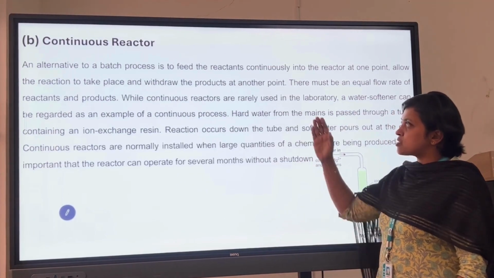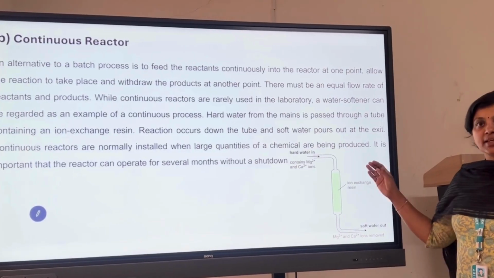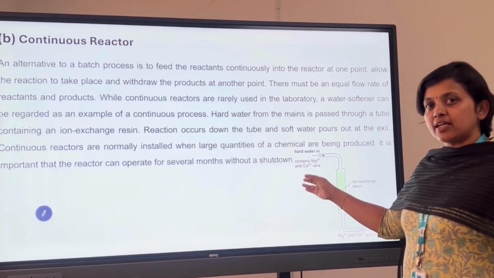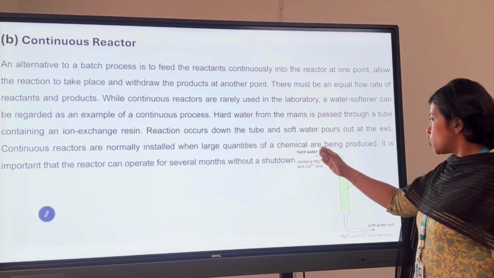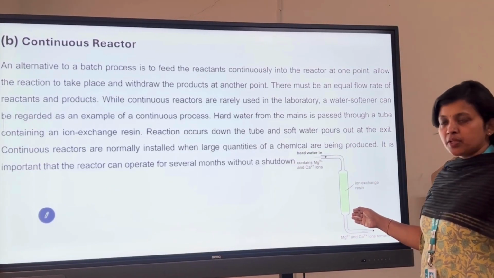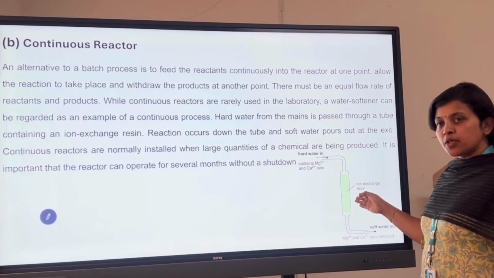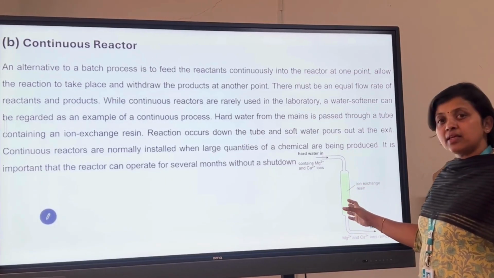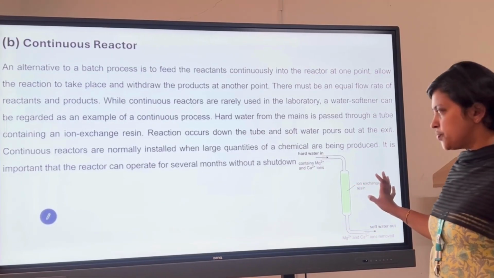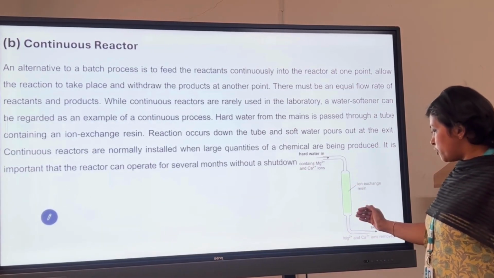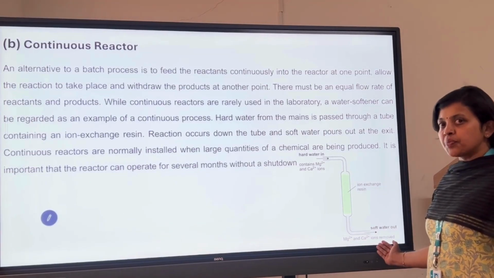The next one is the continuous reactor. In the name itself we can clearly see, once the reactant is loaded inside the reactor, the chemical reaction occurs inside the reactor. We can maintain the conditions also, whatever is required to carry out the reaction, and after the conversion the product gets discharged and we can collect it.